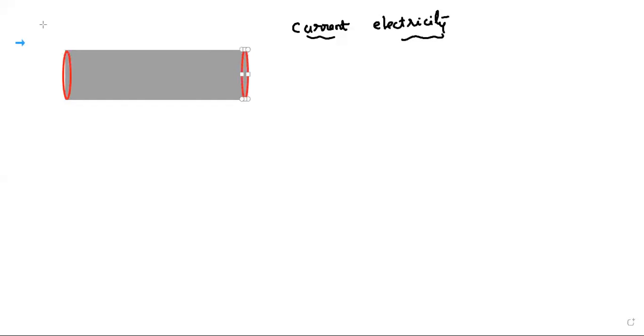I'm not providing any charge, not removing any electron, not adding any electron. So specifically, it is a neutral conductor, but it is a conductor, not a non-conductor.